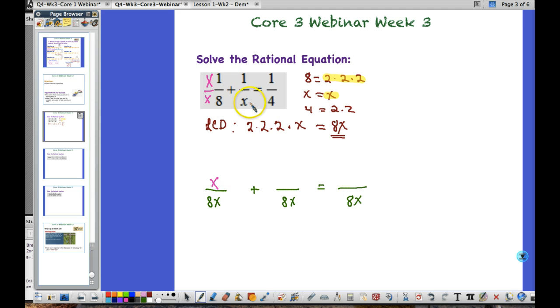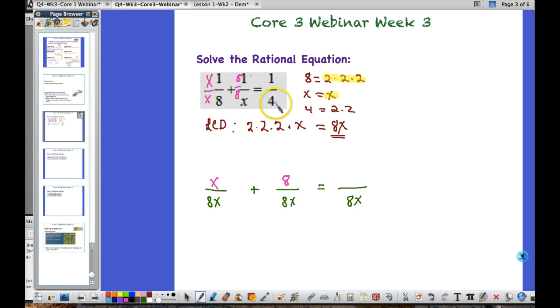Okay, now we have x. What do we need to multiply that by to make it look like 8x? Good. Very good. All right, you guys are exactly right. So we need to multiply it by 8. So we'd multiply the top and the bottom by 8. So we would have 8x down here, and 8 times 1 is just 8.